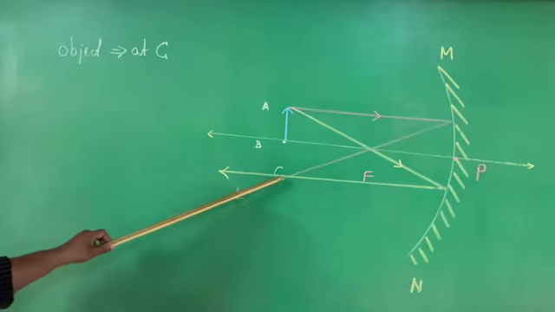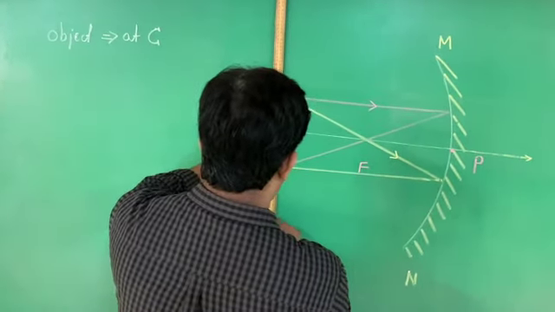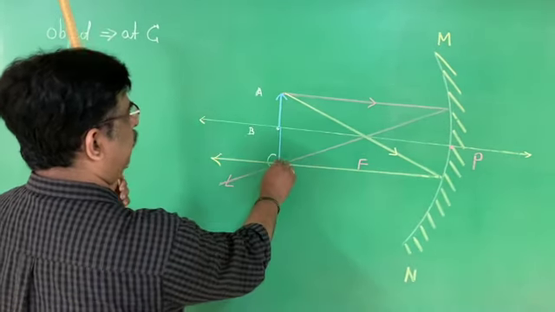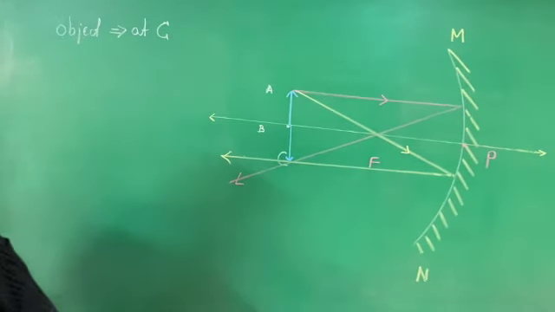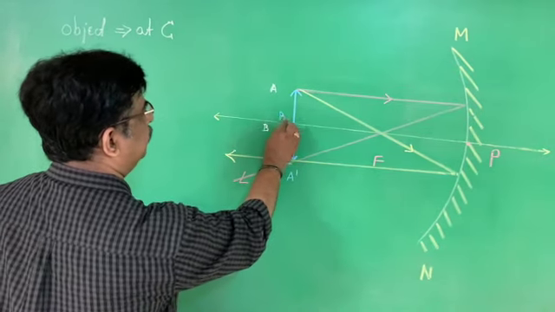Therefore, these 2 rays intersect here. Therefore, I write the object. This is the image. This image is A dash, B dash.